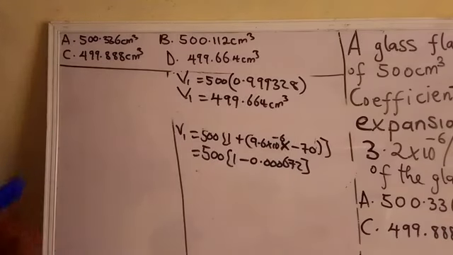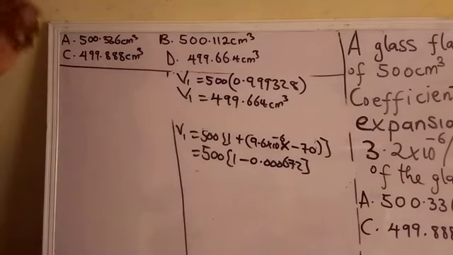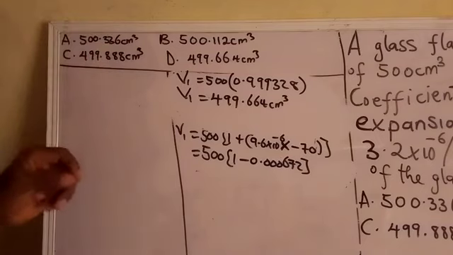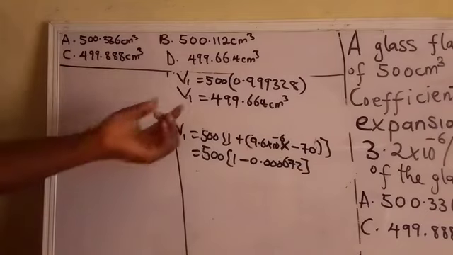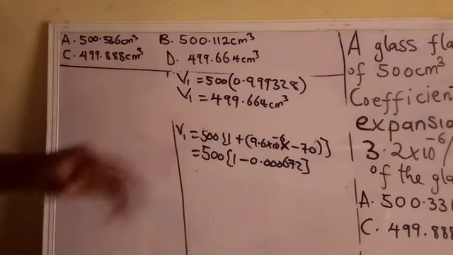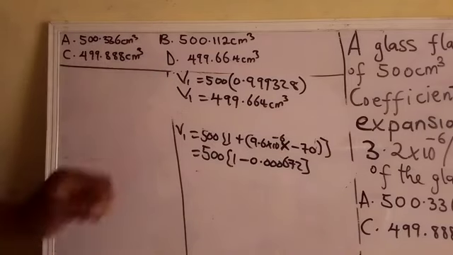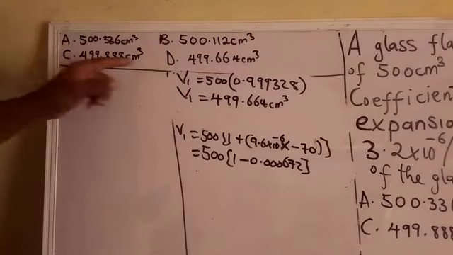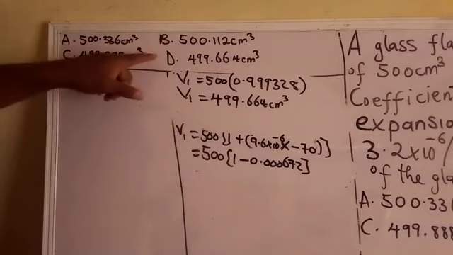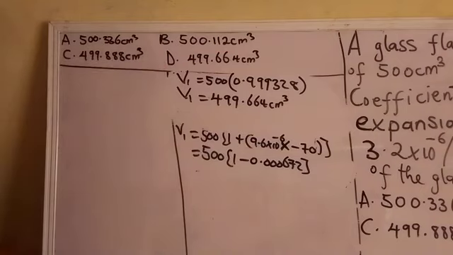And by reasoning, this volume is less than the initial volume of 500 cm³, agreeing to the fact that temperature reduced and there should be a corresponding reduction in volume. So if you don't understand the theory behind what you are doing, option A seems to be your answer, and that would be very wrong. If you have brought in the minus, the correct answer would be option D, 499.664 cm³.